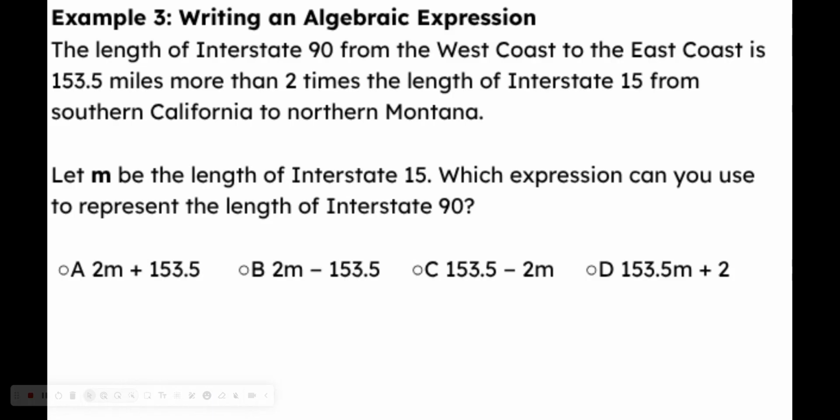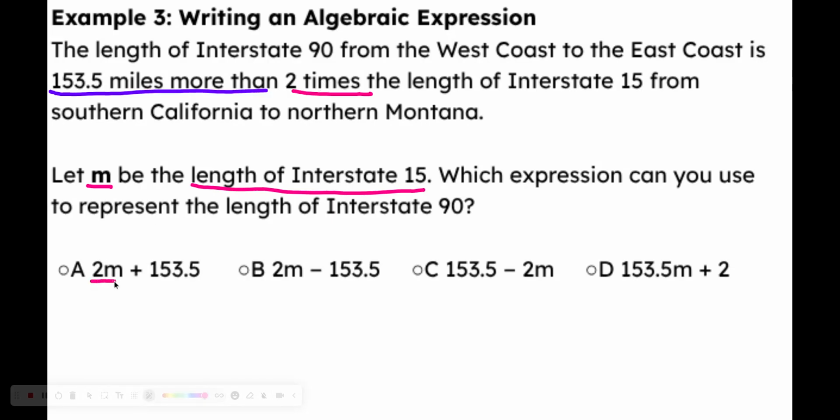So we have 2 operations in there. We have a more than and a times. So it's 153 miles more than, and then 2 times the length of Interstate 15. And M is the length of Interstate 15. So that means I'm doing 2 times m.